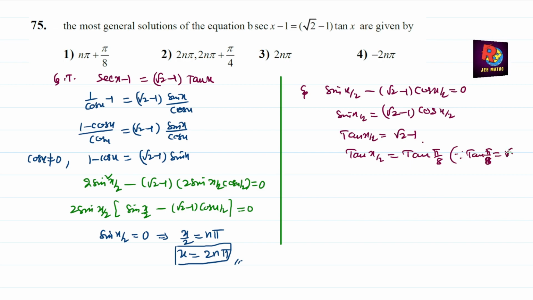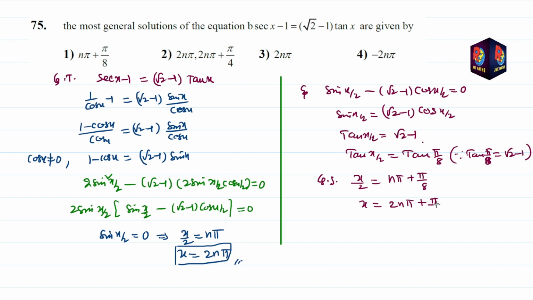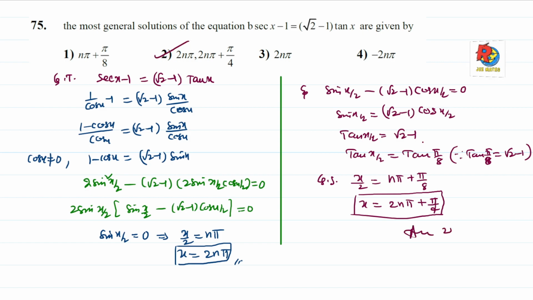Tan theta equals tan alpha, then the general solution is theta equals n pi plus pi by 8. If I multiply by 2, x equals 2n pi plus pi by 4. So this is another solution. Therefore the required solutions are 2.